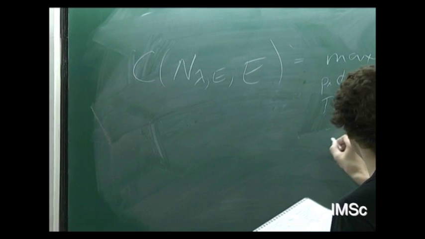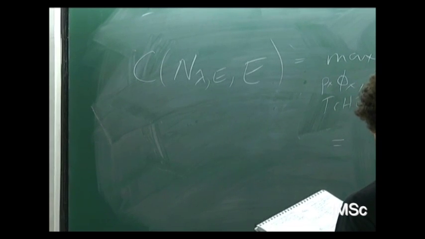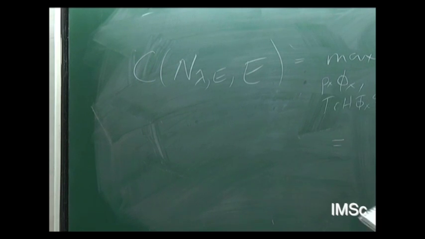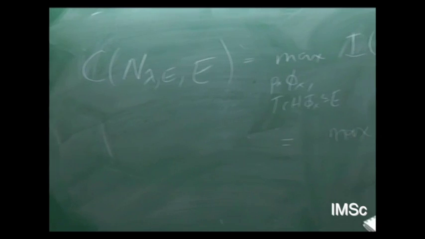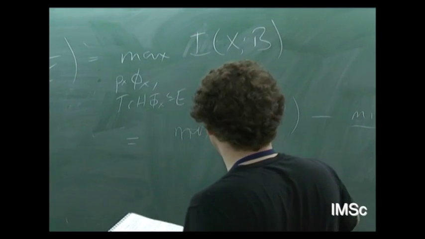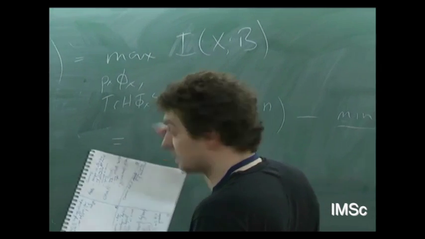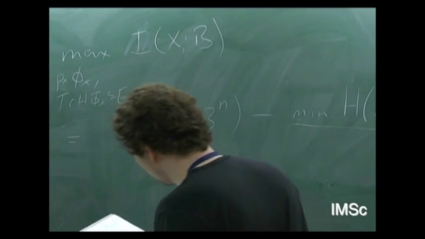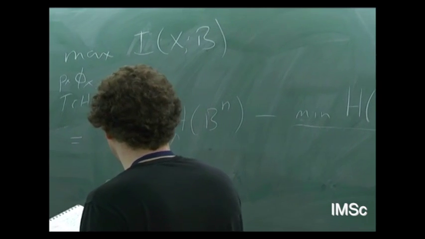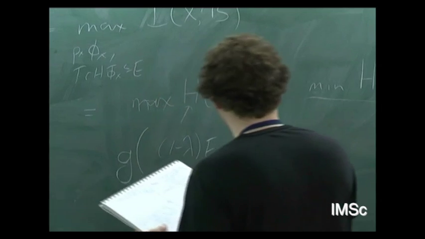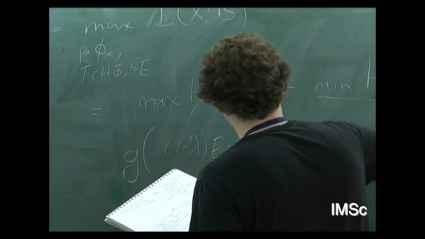And this is actually going to be equal to the maximum output entropy of the channel minus the minimum output entropy. This is achieved by using the thermal state that has the highest energy. So this is going to have average output photon number equal to 1 minus lambda times E plus lambda times 2NE.